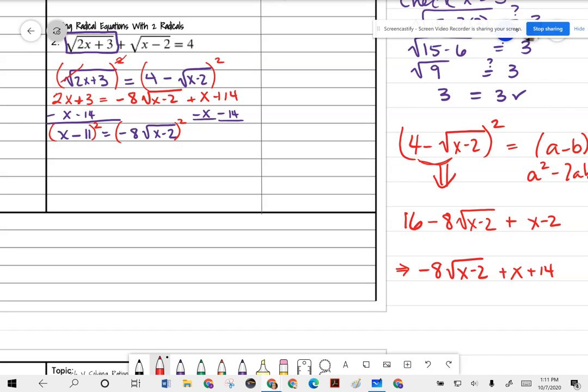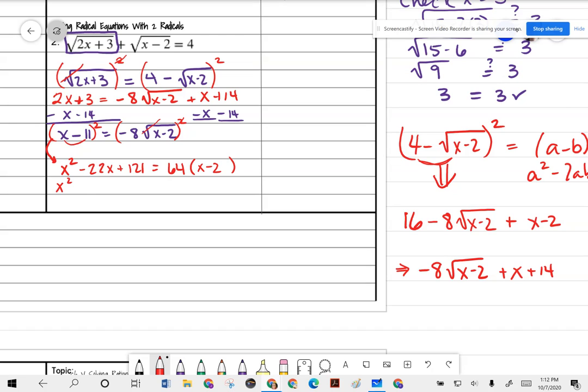So if I were to square x minus 11, again utilizing that property, that a minus b squared, it's x squared, multiply these two together and double it, so negative 22x plus 121. Negative 8 squared is 64 times, and then this is going to cancel, and I get x minus 2.